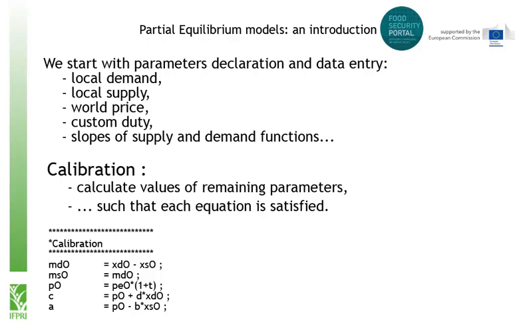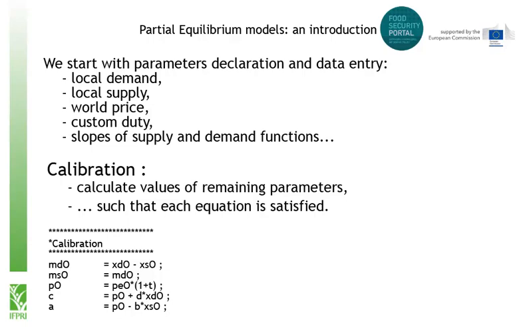So once you have typed this instruction, and if you give to each variable an initial value which is MD0, XD0 and XS0, these equations will be satisfied. Second instruction, this is MS0 is equal to MD0. This is another equation of the model.